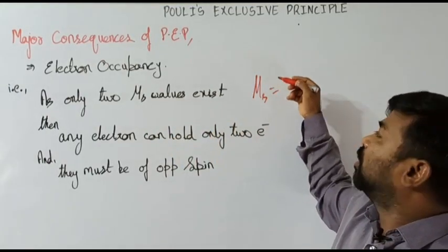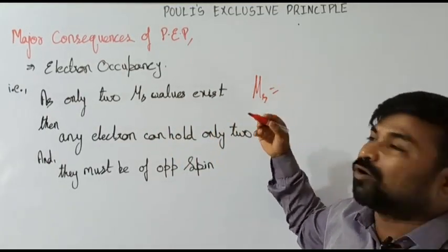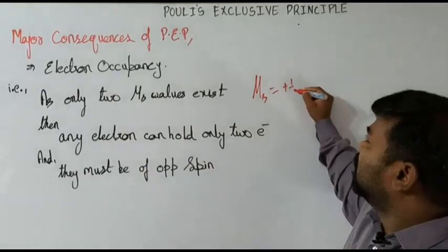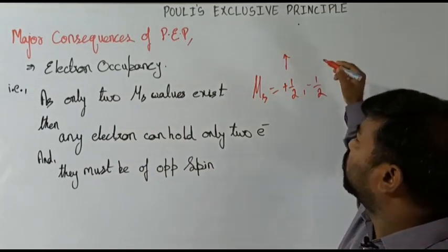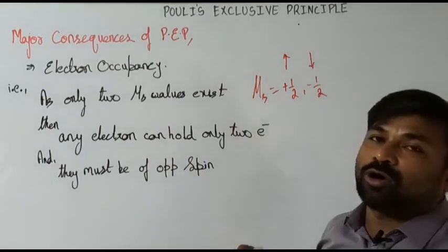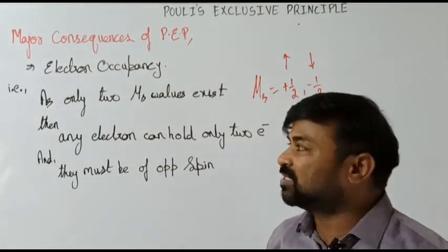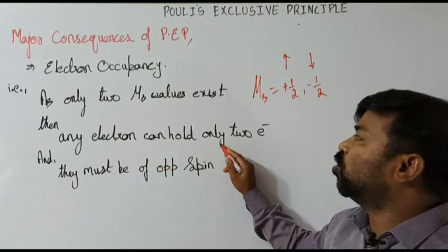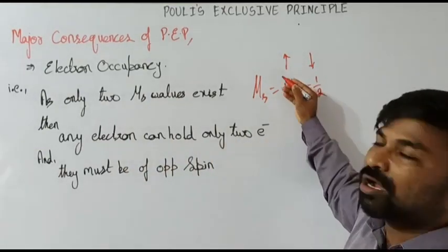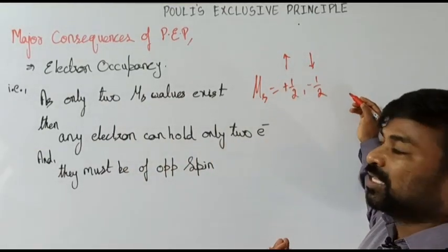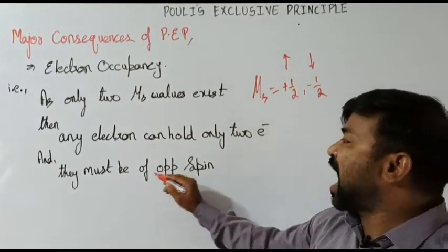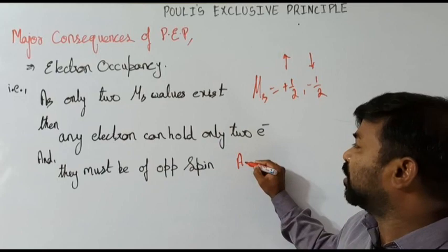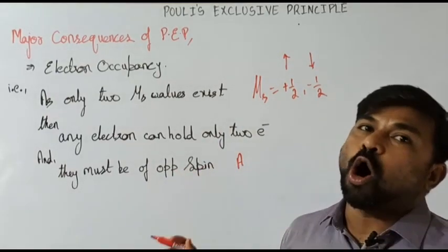The spin quantum number has only plus half and minus half, one moving clockwise and the other anti-clockwise. This means any orbital can hold only two electrons, one in the clockwise direction and one in the anti-clockwise direction. They should have only anti-parallel, or opposite, spin.